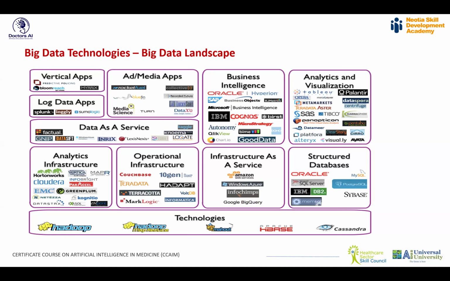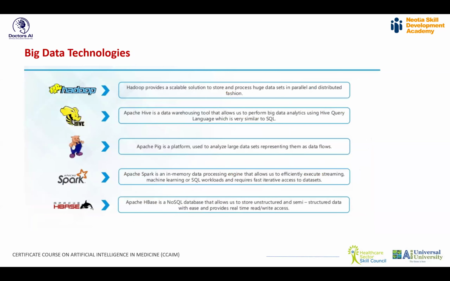These are the technologies that we use for managing this big data. Now let's try to understand this. So we have Hadoop, Hive, Apache Pig, Apache Spark, and Apache HBase. These are the technologies used for managing data which is big data in terms of its 5 V's.